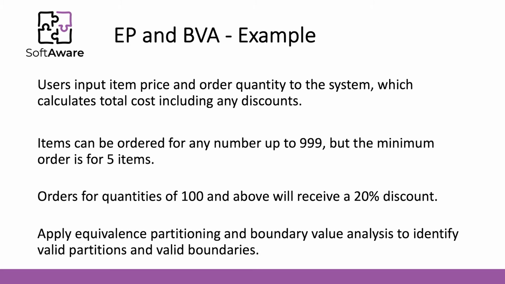All quantities introduced from 100 and above will be applied, the order will be made, and it will receive a 20% discount. So the expected output will present to the user that your order has been made, and you have to pay the quantity that you have chosen times the price that you have chosen, minus the 20% discount.